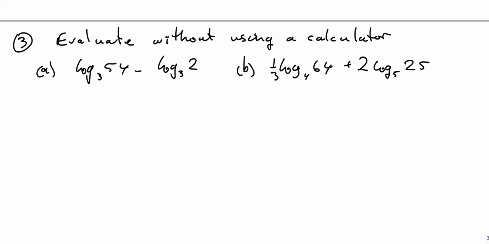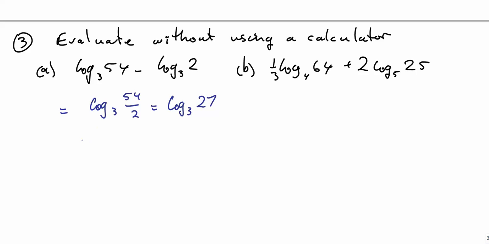Number 3, evaluate these two expressions without using a calculator. So part A, we have both these logarithms to the base of 3. So using the subtraction rule, that would be log of 54 divided by 2 to base 3, or log of 27 to base 3.